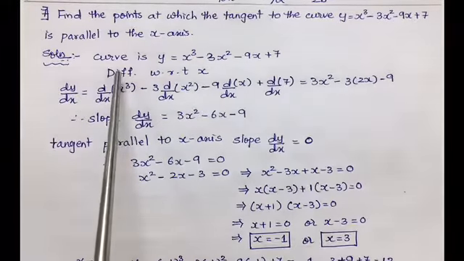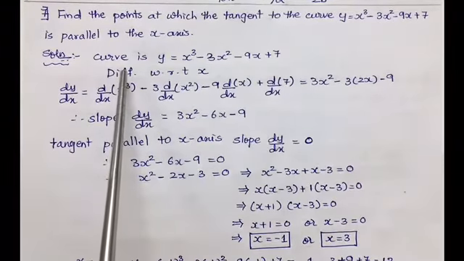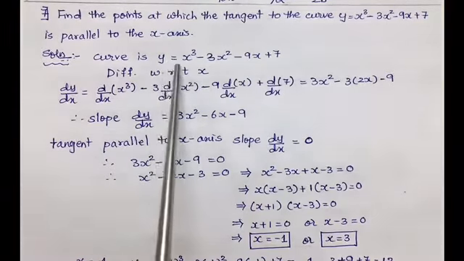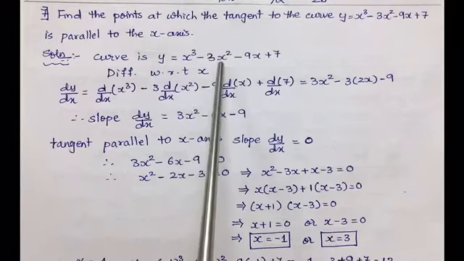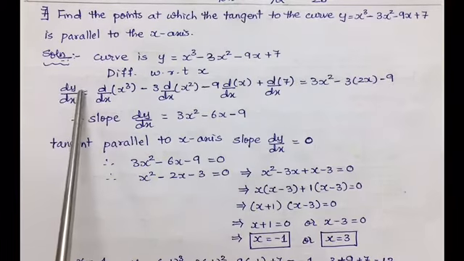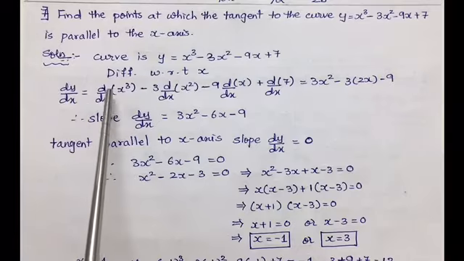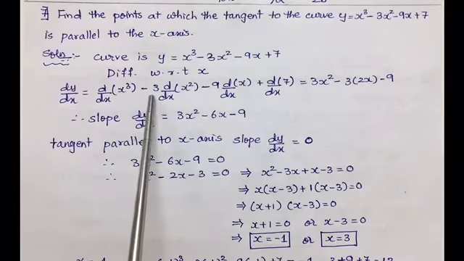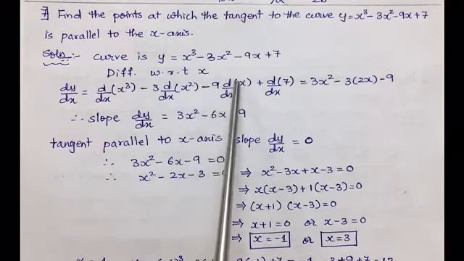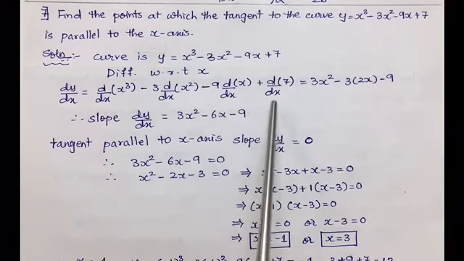So calculating the slope of tangent by differentiating the curve y equal to x cube minus 3x square minus 9x plus 7, we get dy by dx is equal to d by dx of x cube minus 3 d by dx of x square minus 9 dx by dx plus d by dx of 7.